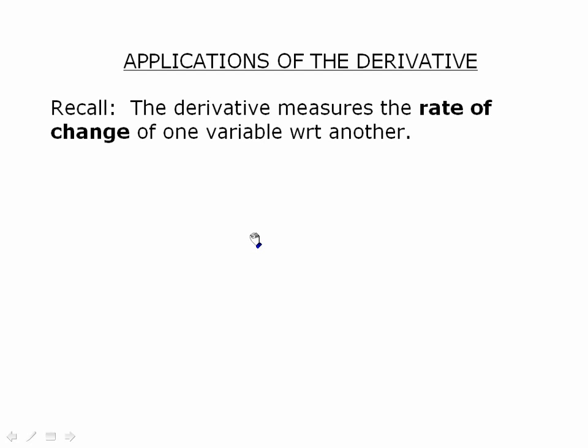So when you're dealing with a very common one, speed or velocity, velocity is really measuring the rate of change that your distance is undergoing with respect to time. That's a very common one, but it's true for many, many other things as well. So you will get, even in this first unit, a look at some of the variety. I will concentrate on motion ones initially, but we will branch off.